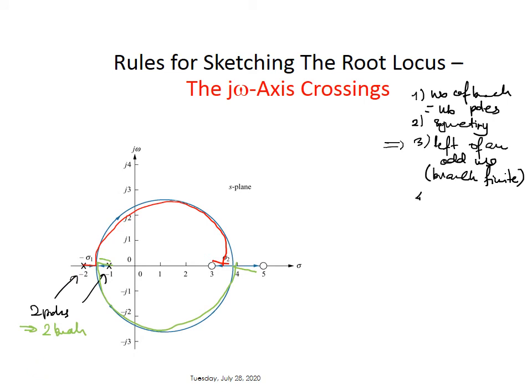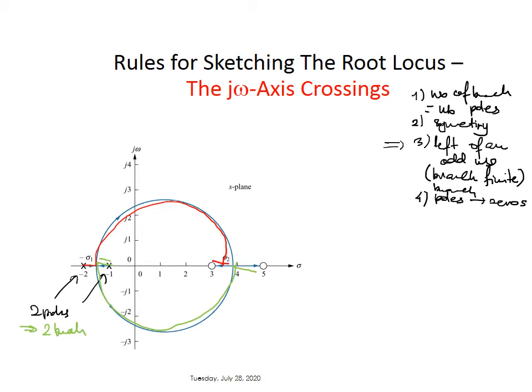Rule number 4 says that every branch starts at poles and ends at zeros. If you have two poles, then it will end at the two zeros. But if you have two poles but one zero, one will end at the one zero, and the other will end at an infinite zero, which makes it an infinite branch.